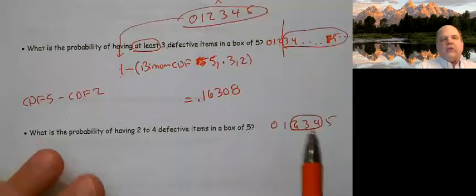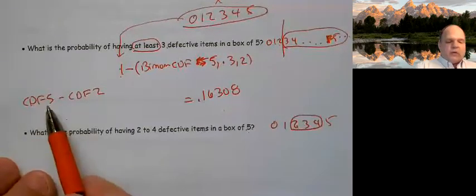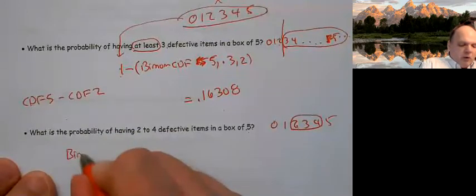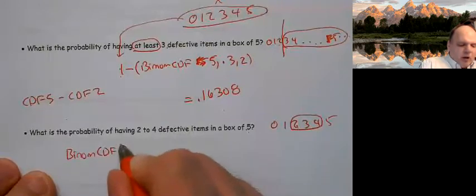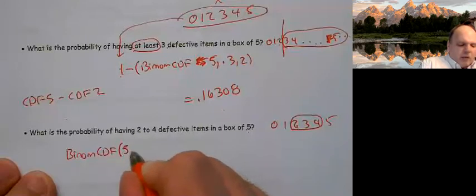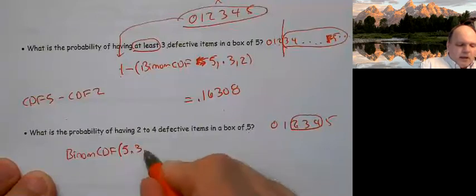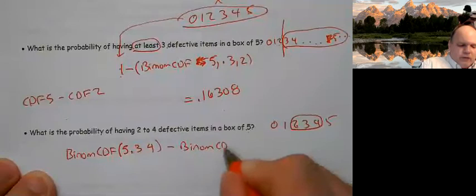But I have two values. So I'm going to take the highest, which over here was 5, but now it's a 4. So we have a binomial CDF. Our trials are 5, our probability is 0.3, and our X value is 4, minus the binomial CDF.